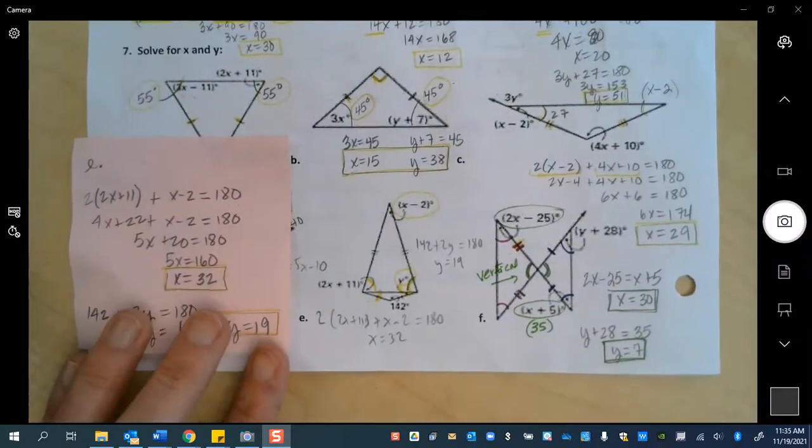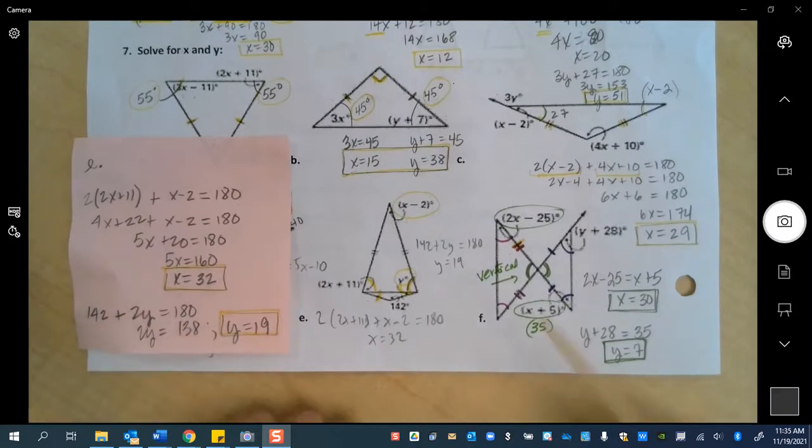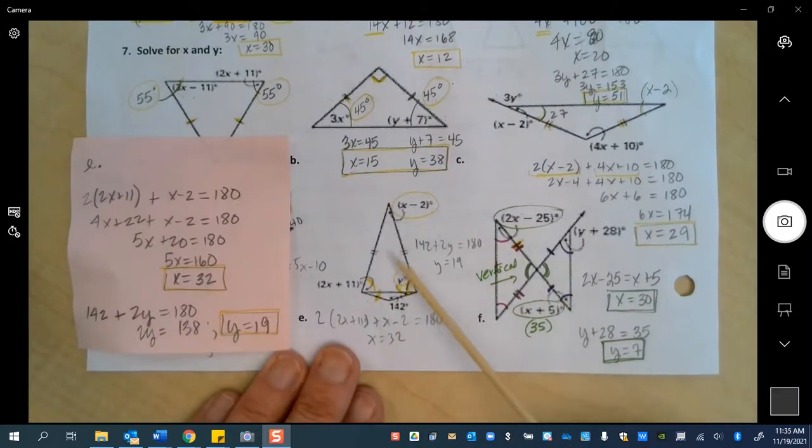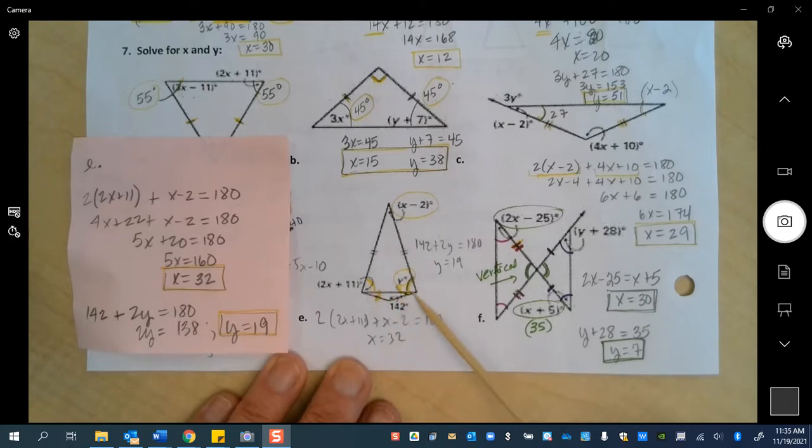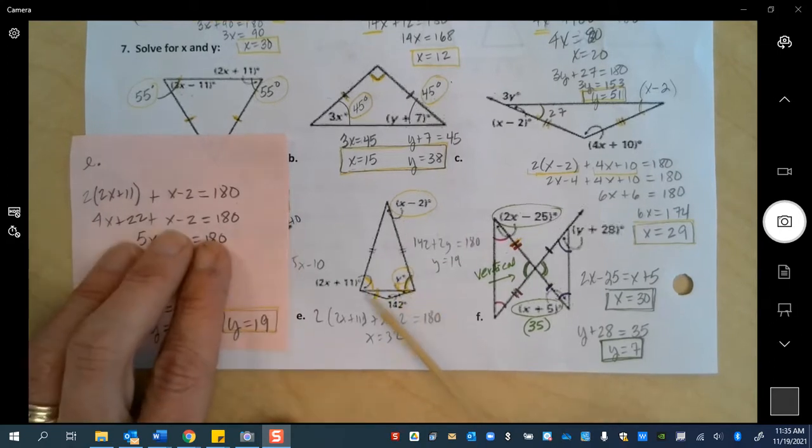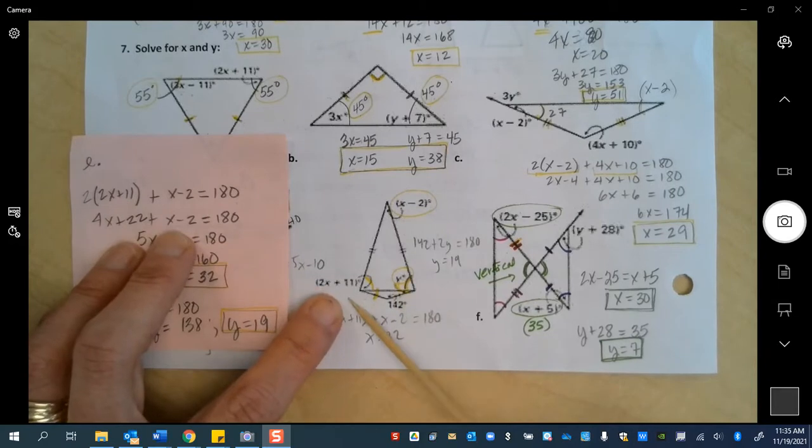All right. Because I know that this is isosceles, I know that these two angles have to be equal to each other, but I can't set them equal to each other because I've got 2x plus 11 is equal to y. That's not going to help me. But I do have this up here.